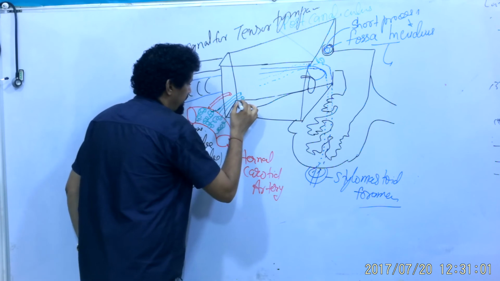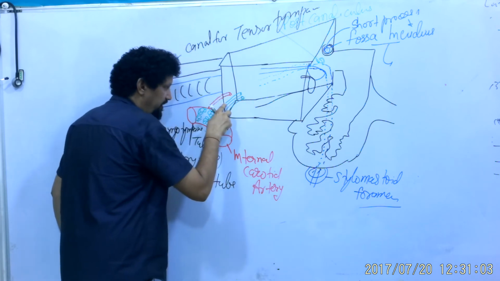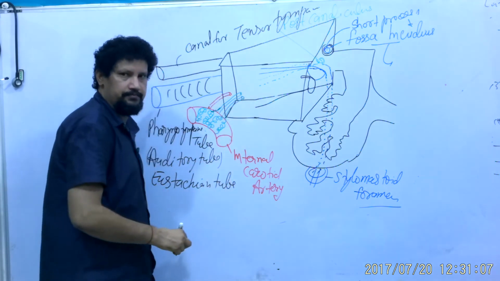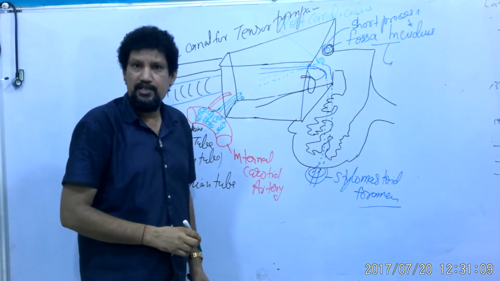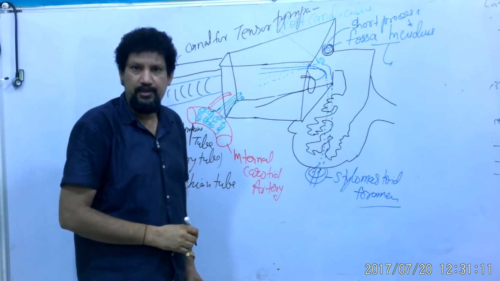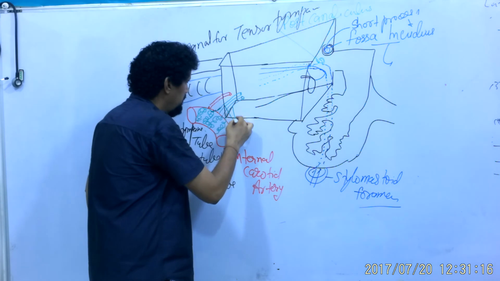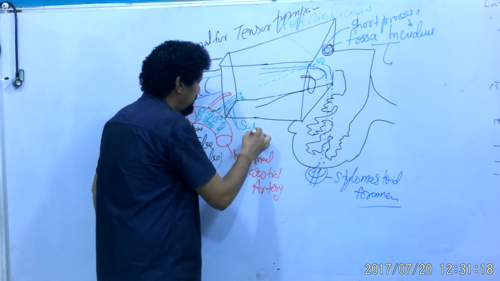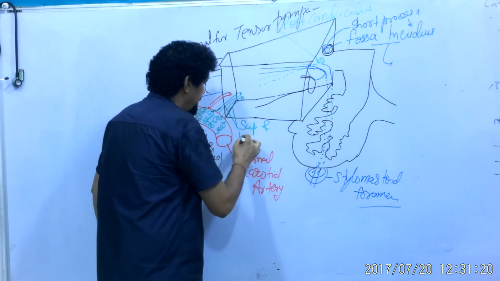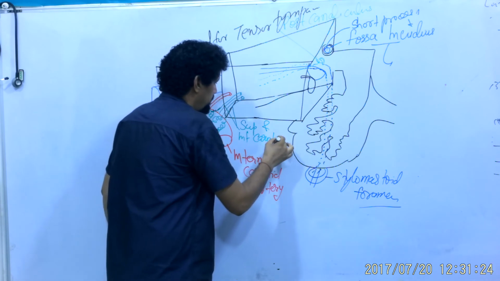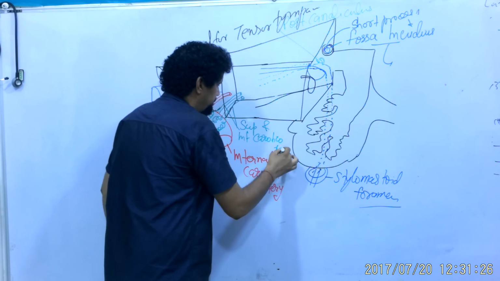It is having superior and inferior carotico-tympanic nerves. These nerves are vasomotor for the mucosa of the middle ear cavity. So these are the superior and inferior carotico-tympanic.